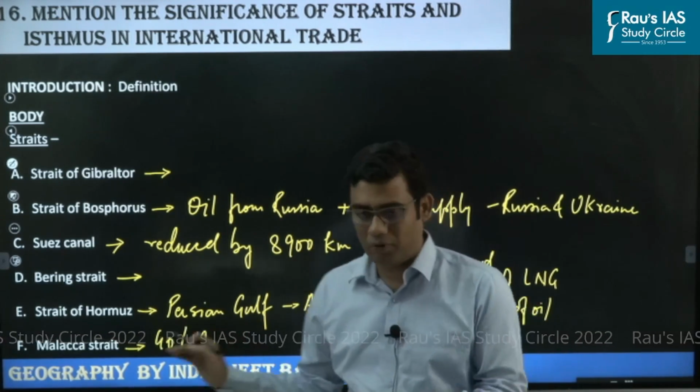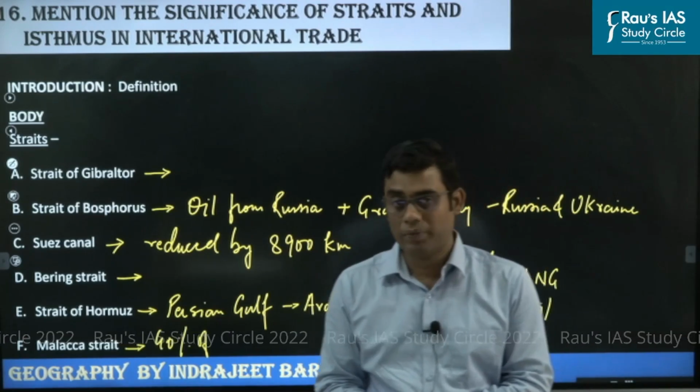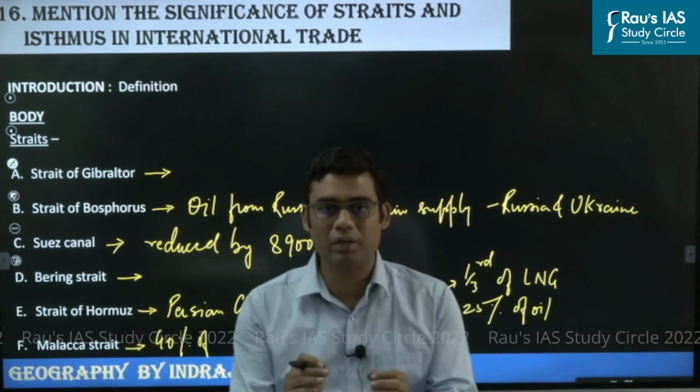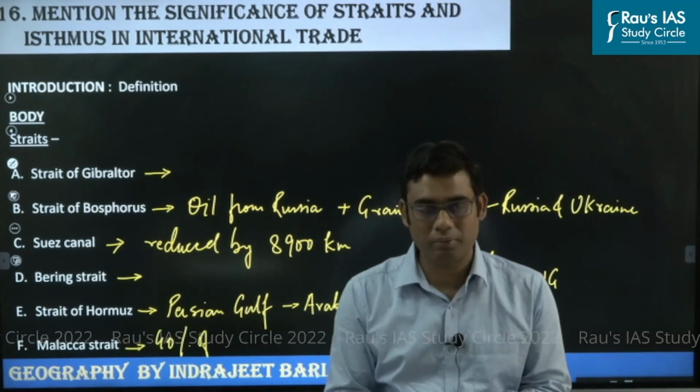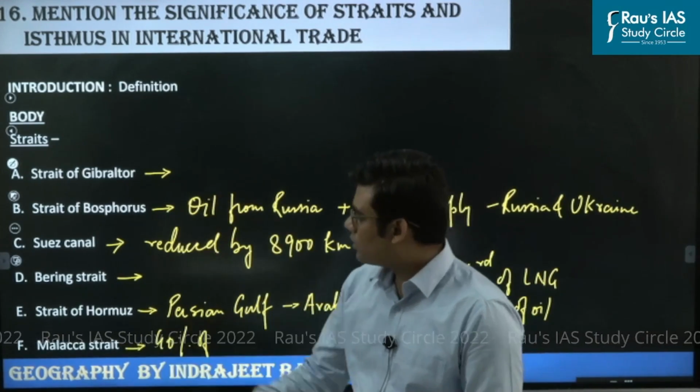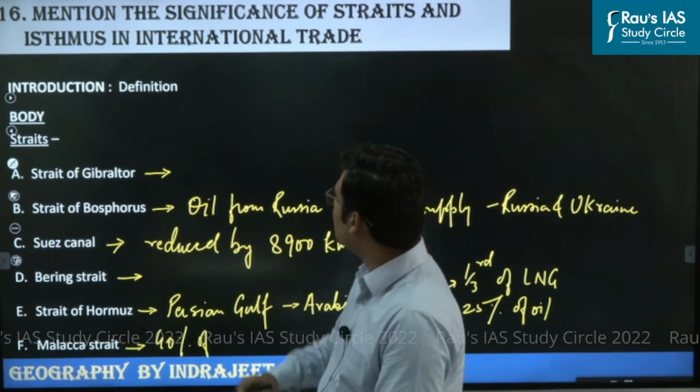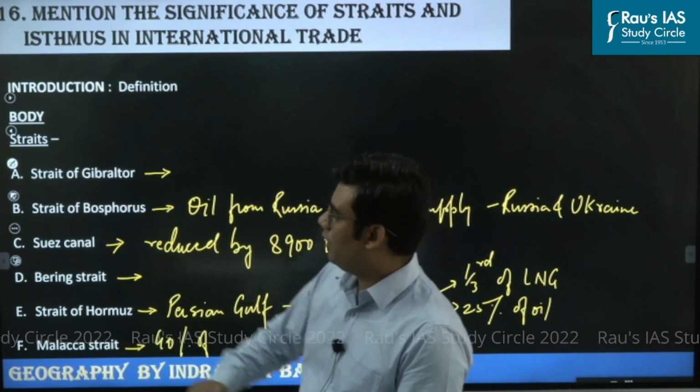Similarly, China is heavily dependent on this strait, and almost 80% of China's petroleum import takes place through the Malacca Strait. So these are different straits and their economic significance, or significance in international trade.